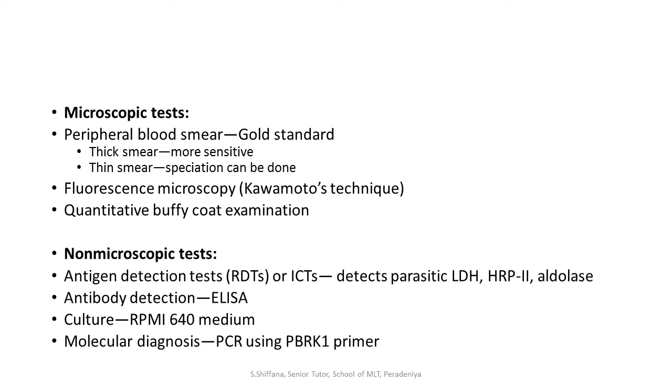Next, we can use fluorescent microscopy. Another is quantitative buffy coat examination. Non-microscopic tests are antigen detection by using ICT, antibody detection by using ELISA, culture technique, and then molecular diagnosis.